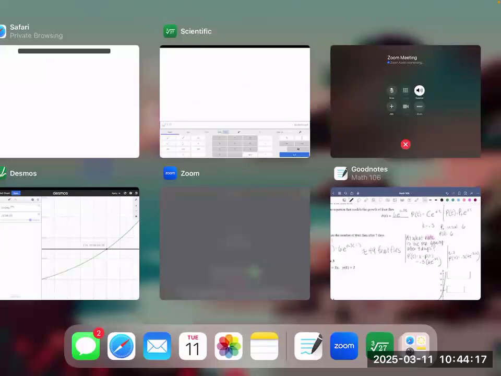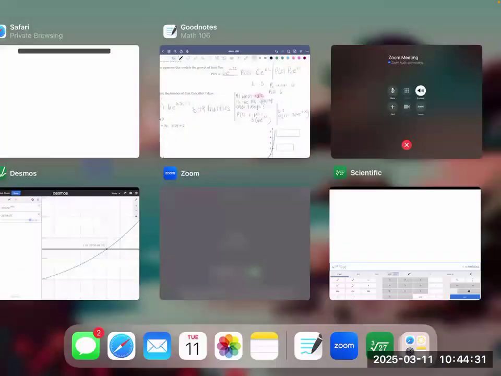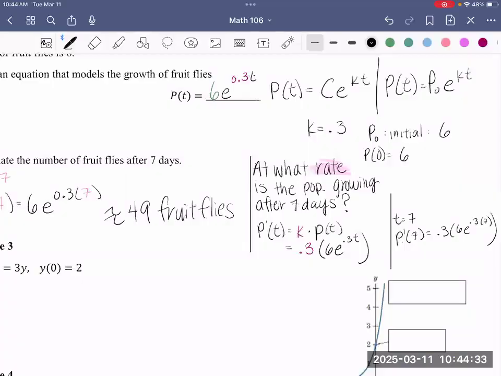So I'm going to take this portion and multiply it by 0.3. That was your k value. So it's going to be about 14.7 fruit flies. So we're going to be increasing at a rate of 14.7 fruit flies per day.